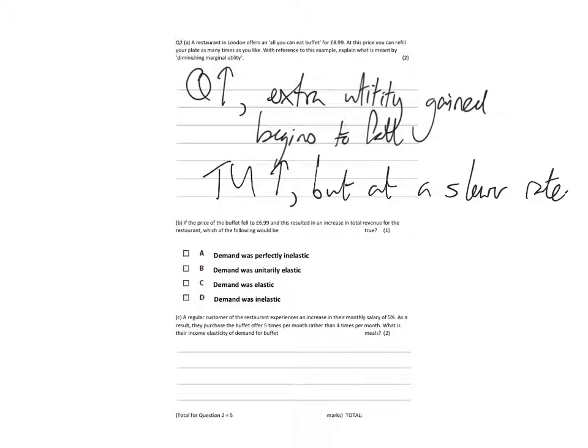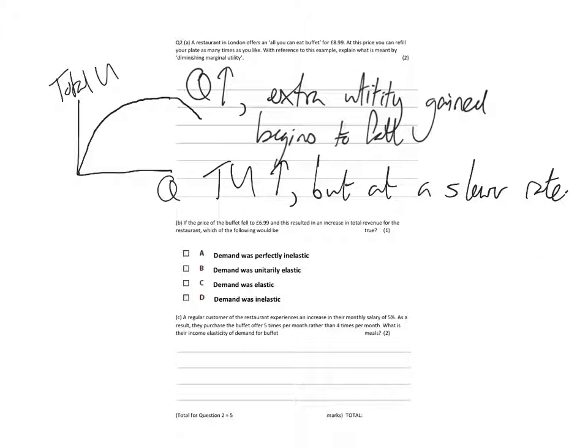And I had a couple of nice diagrams where people mapped out on the x-axis the quantity, or the number of plates consumed, on the y-axis the total utility, and showed that for the first plate, or the first couple of plates, utility rises quite quickly, but then as diminishing marginal utility starts to set in, we find that the total utility starts to increase at a much slower rate. It may even be that if we consume to excessive levels, we may start to feel ill from that consumption, and our total utility may well start to fall. That would suggest there's some irrational behaviour going on there.